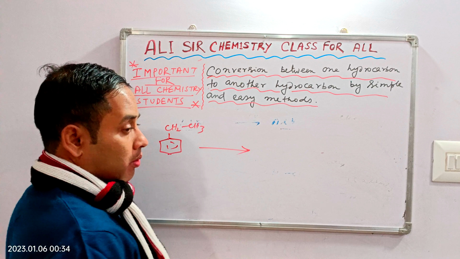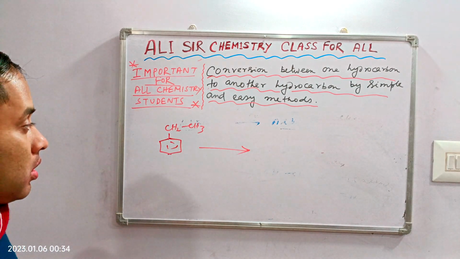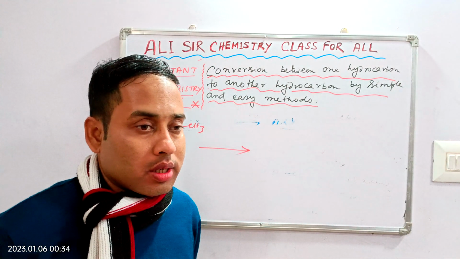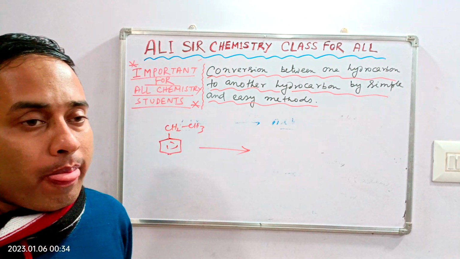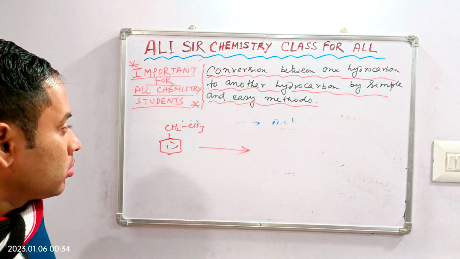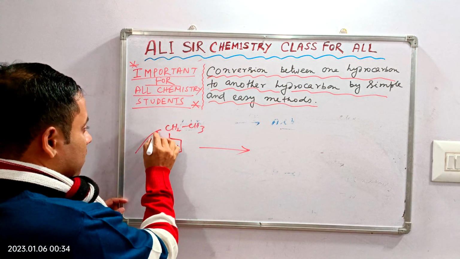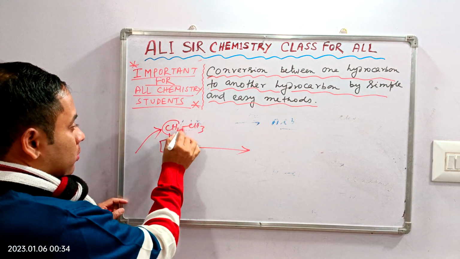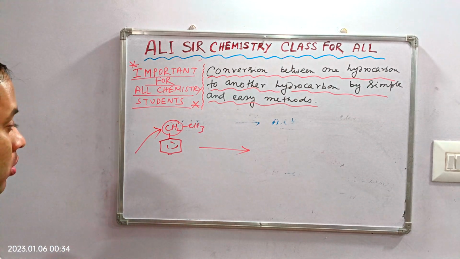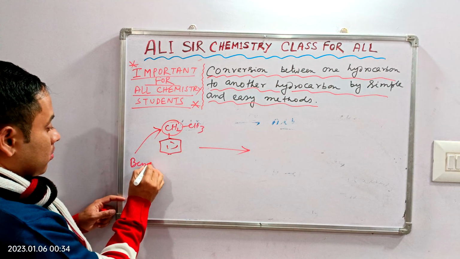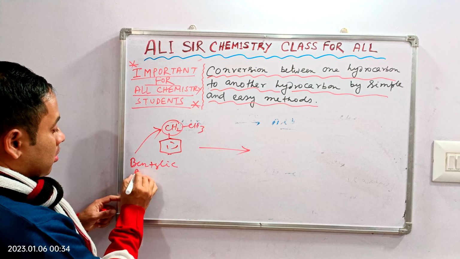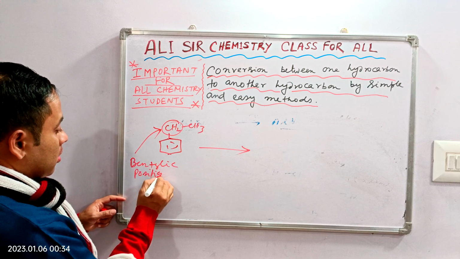As we have already done in previous examples, we have to convert the alkane first into alkyl halide. There are many reagents for this type of conversion. This position is a very important position, which is called the benzylic position.